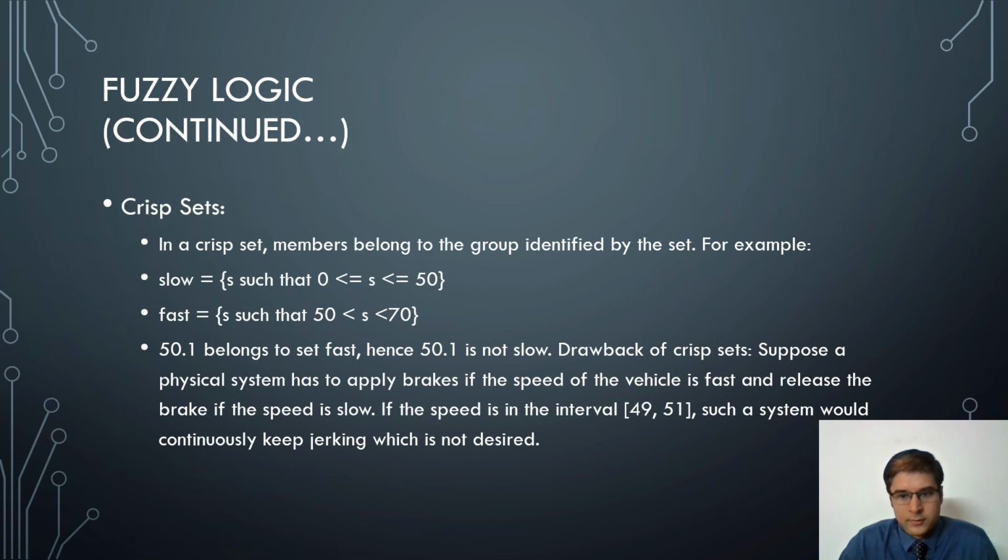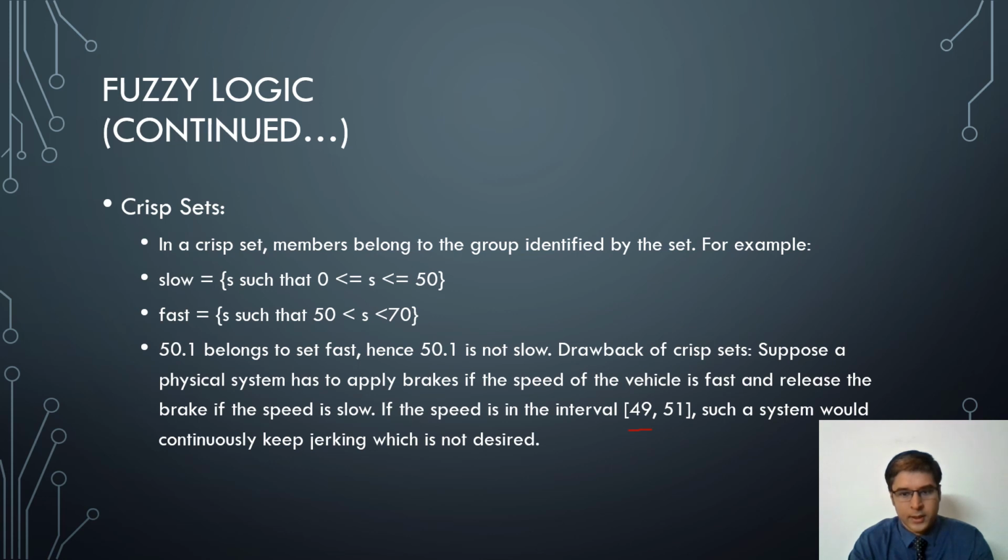Drawback of crisp sets. Suppose a physical system has to apply brakes if the speed of the vehicle is fast and release the brake if the speed is slow. If the speed is in the interval 49 to 51, such a system would continuously keep jerking, which is not desired. So if the speed of the vehicle is 49, the system will apply the accelerator.